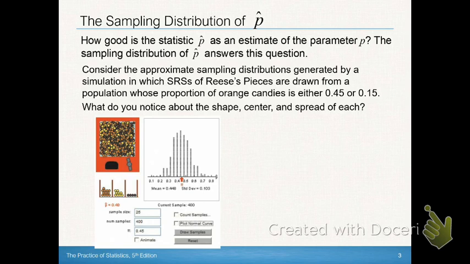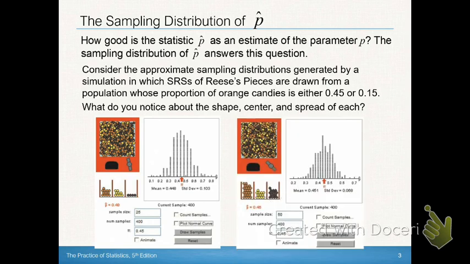So here's one set of sampling distributions. In this one, the p-value, or the proportion of orange candies, is about 45%. And we're taking samples of size 25, 400 times, and we've made a dot plot with 400 dots on it. We do basically the same thing here, but this time with a sample of size 50.